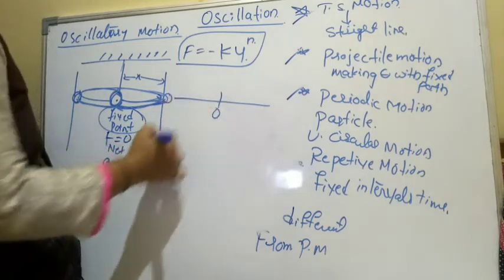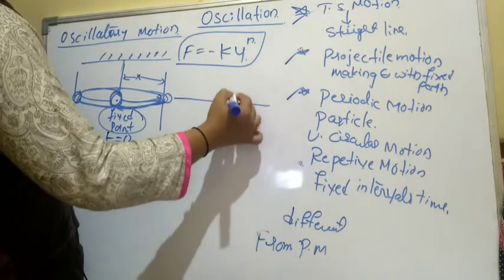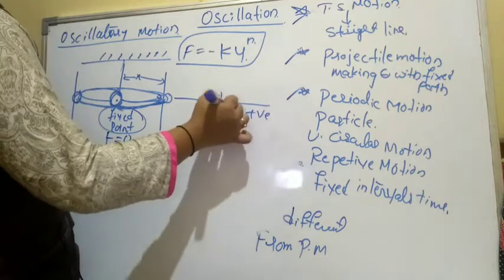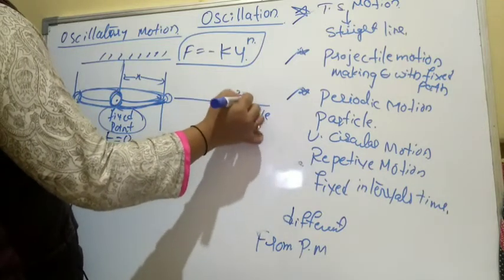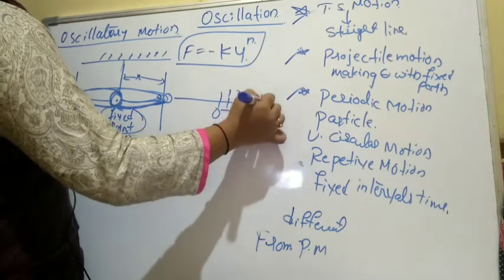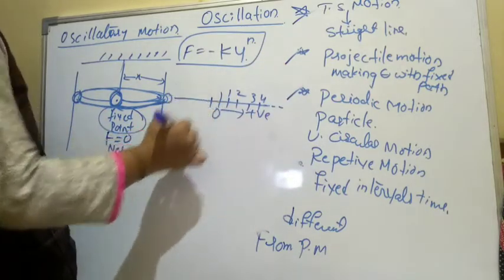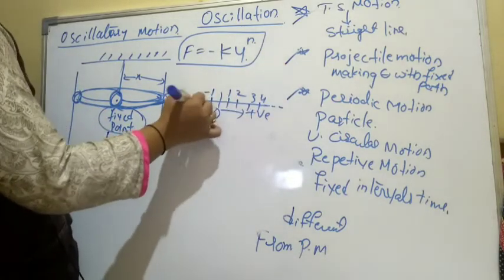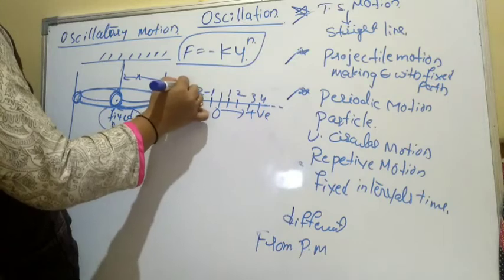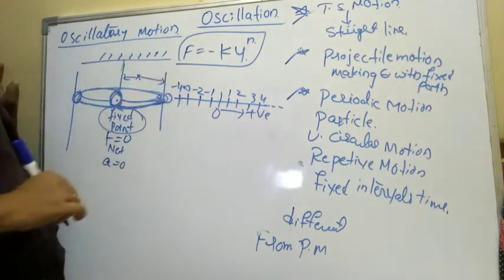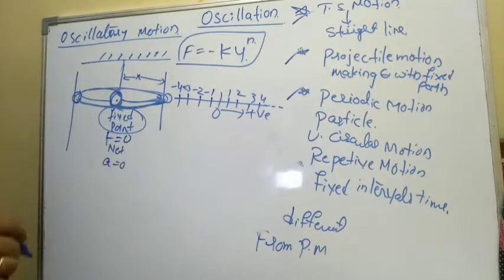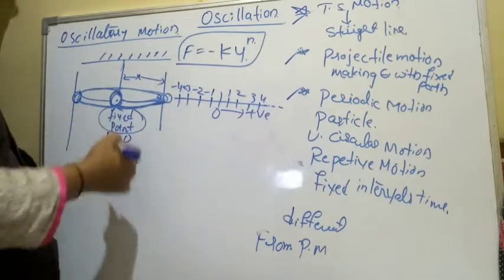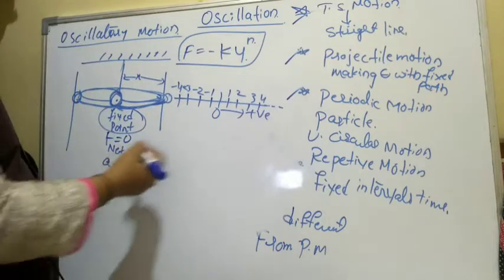The middle point will be 0, the right part will be positive, so plus 1, plus 2, plus 3, plus 4, and so on. And the negative part is minus 1, minus 2, minus 3, minus 4, right? So this is a mathematical scale.